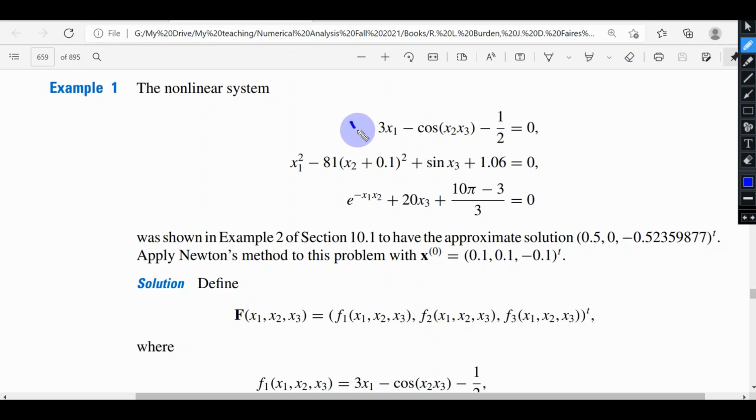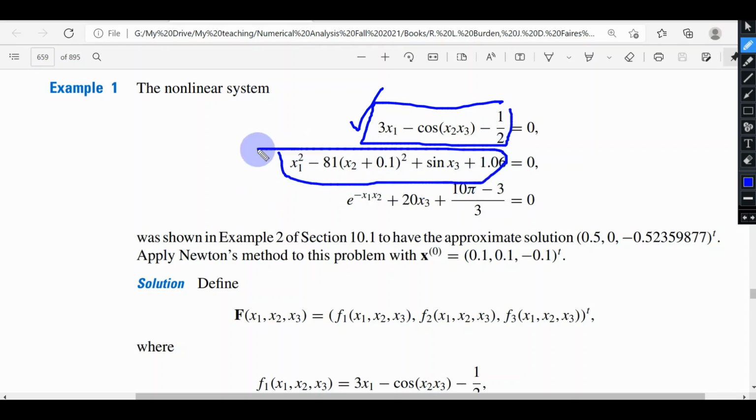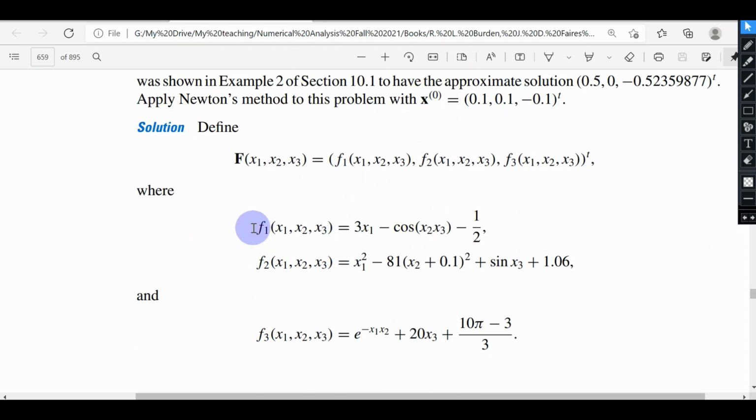So my this function is f1 on the left hand side. This complete thing is f1. This is f2 and this is f3. So the capital F will contain all these f, and capital F is a vector. You can see from here that f1, f2 and f3 are these functions.